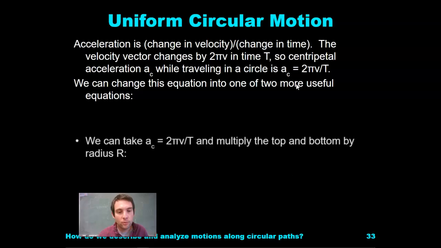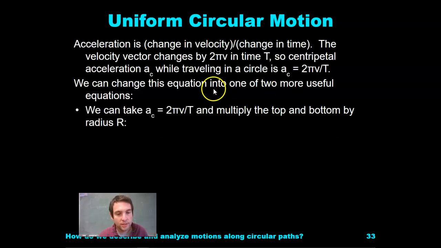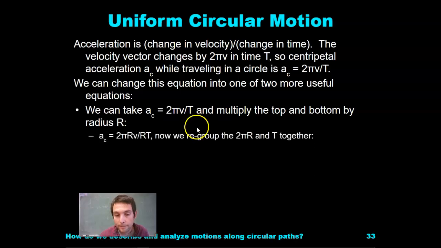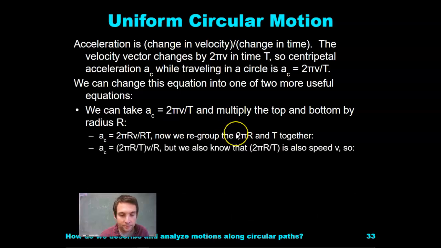equation into one of the more useful equations. We can take centripetal acceleration equals 2 pi v divided by period and multiply the top and bottom by the radius r. So we have 2 pi r times v divided by r times period. And if we regroup the 2 pi r and the T together, we have 2 pi r divided by T times v over r.